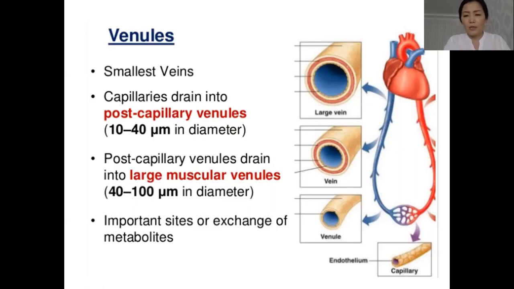Morphologically, there are also differences. We said that on the wall of the capillaries we can find pericytes. Sometimes on the wall of post-capillary venules we can find pericytes too, but on the wall of large muscular venules we cannot find pericytes; there we can find smooth muscle cells.